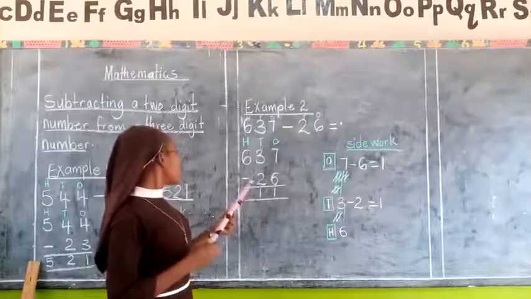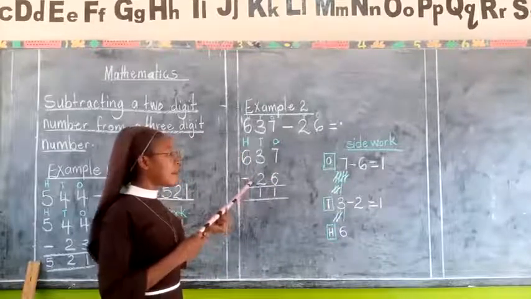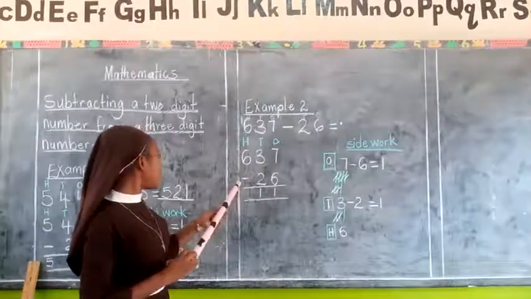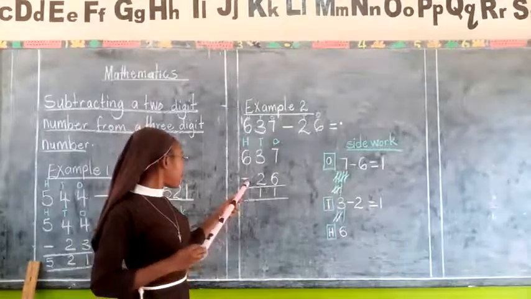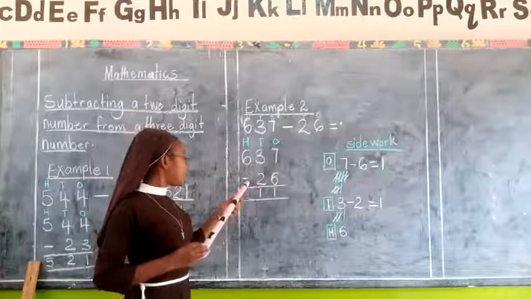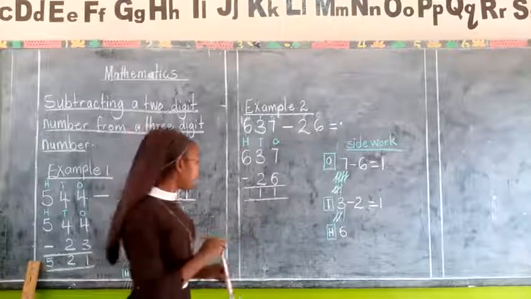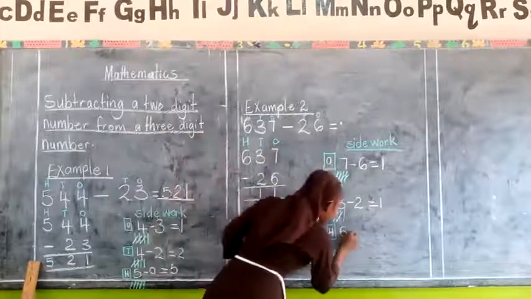Meaning, we are going to take away nothing from number 6 because we've not been given any digit. So it means we shall write 6 take away 0.